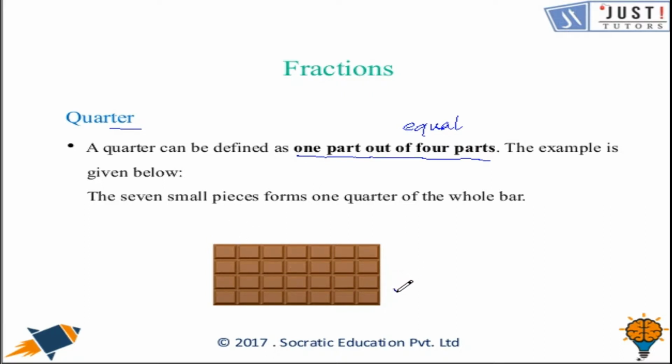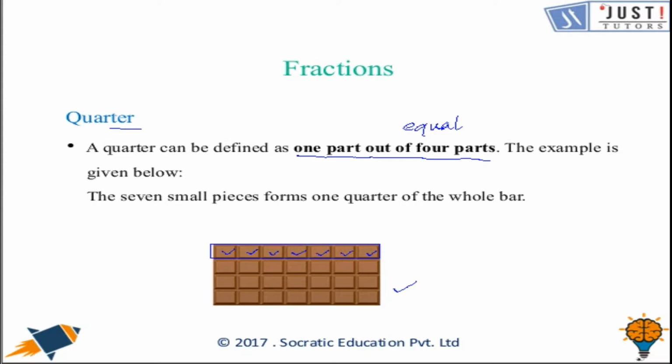Let's have a look at this delicious chocolate. So this is one whole bar of chocolate. Now the 7 small pieces form 1/4 of the whole bar. Now how would you figure it out? Let me show you. Here, this is 1/4 of the chocolate bar, consisting of 7 small pieces.